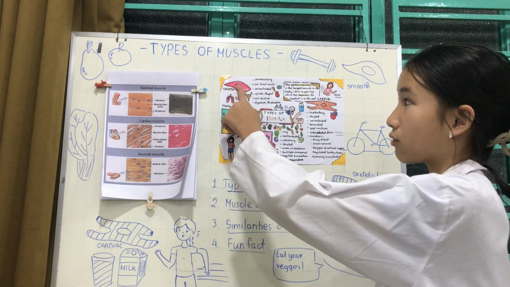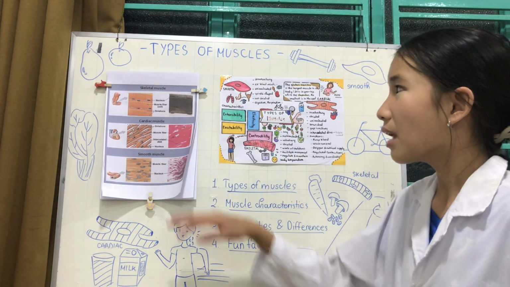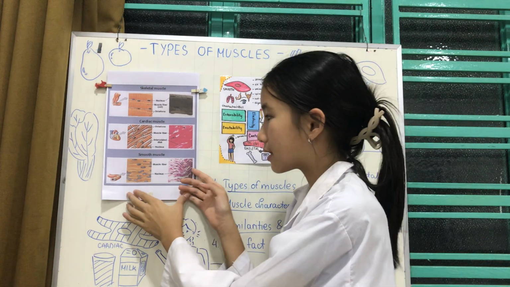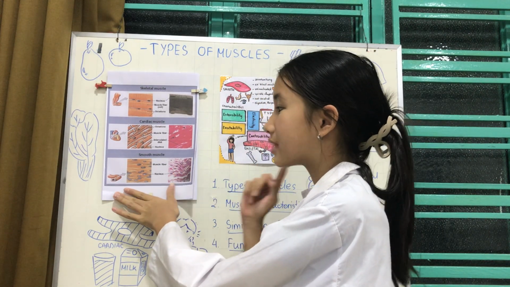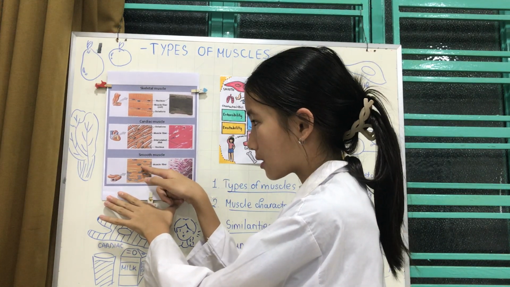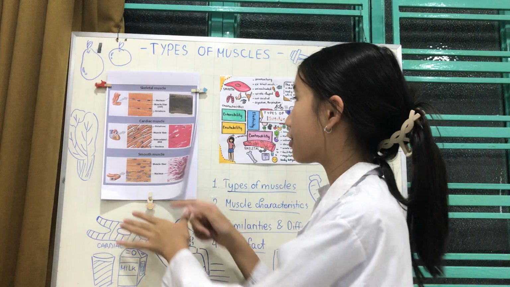So yeah, that is for the smooth muscle. And as you can see on the board here, there's the smooth muscle. You can see the nucleus. Each cell has one nucleus, and this is the muscle fiber.